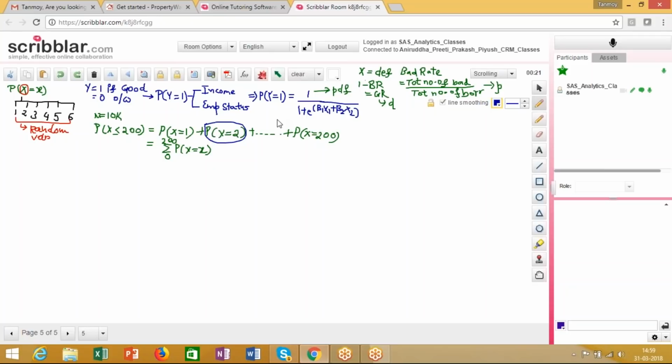What I want to find out at a given time is the probability that x will take a specified value.